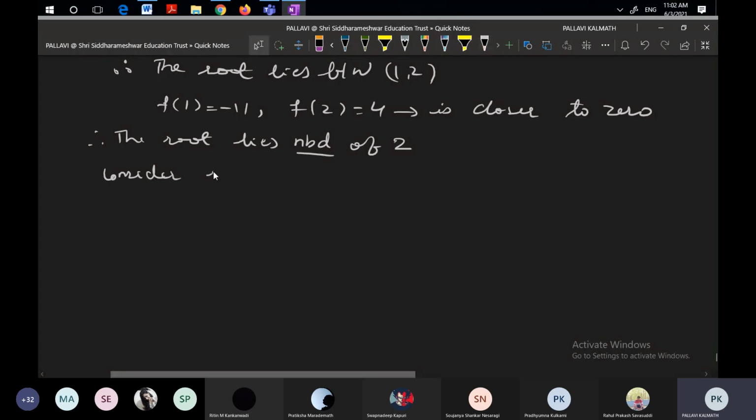Ma'am, why not f of 1.6? 1.7. Find the value of the function. Why not 1.6, ma'am? You can try for 1.6. Nothing wrong. Okay, check for 1.6 if you want. Find f of 1.6 and tell me what answer you are getting.